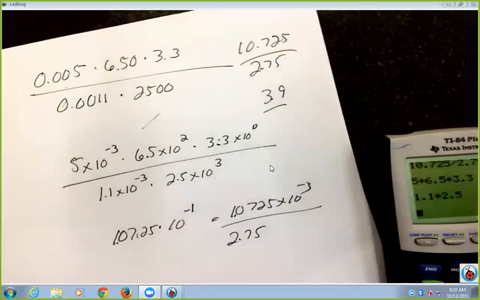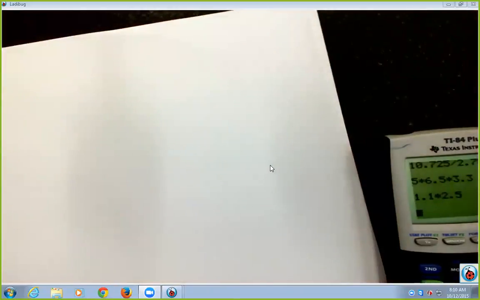That's like that. It's similar. Let me get a piece of paper and put that one on there. 0.039 times 0.0044 all over 0.22 times 0.013.